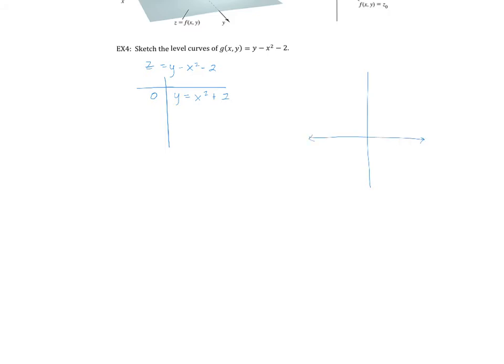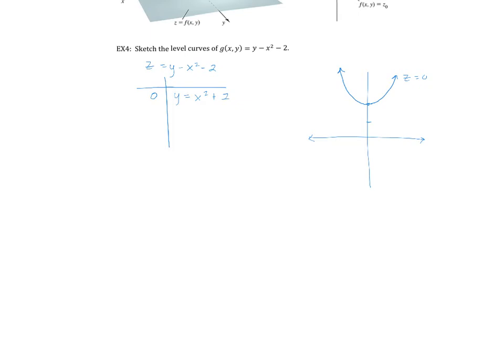That's a parabola. So when z is equal to 0, I get the equation y equal to x squared plus 2. This is a parabola opening up. It has its vertex at 2. And this happens when z is equal to 0.